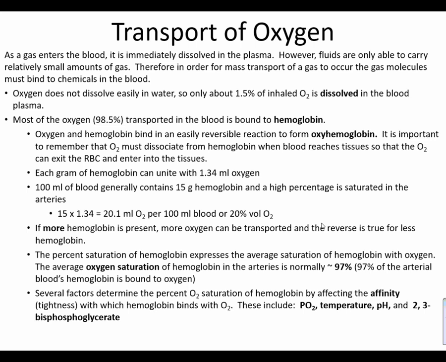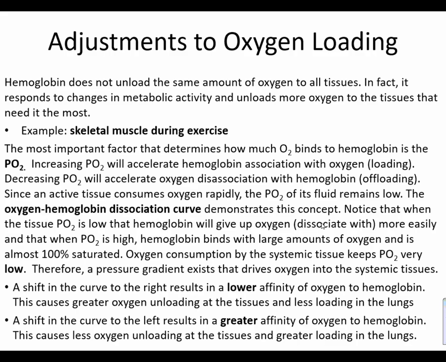Several factors affect this: PO2, temperature, pH, and then a chemical that's produced by red blood cells called 2,3-BPG. And I'm not going to try to pronounce the long-winded word there.